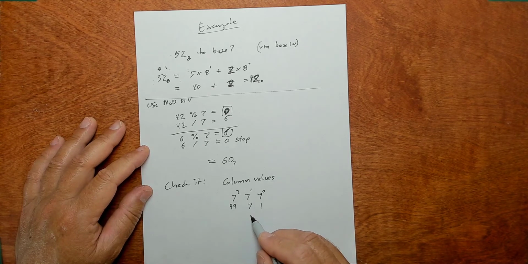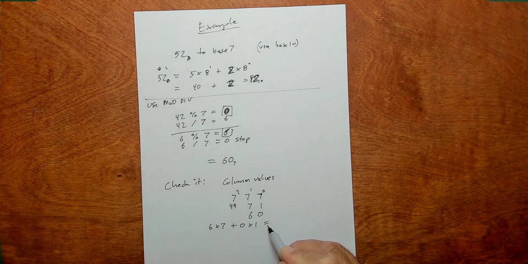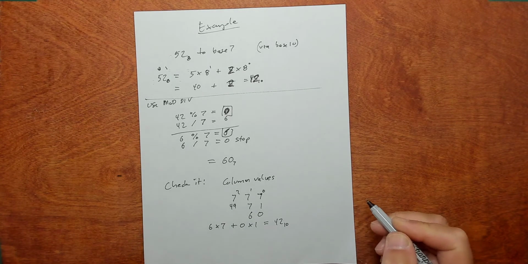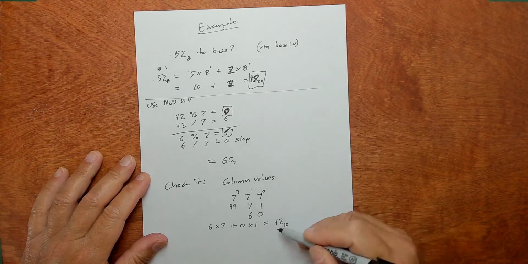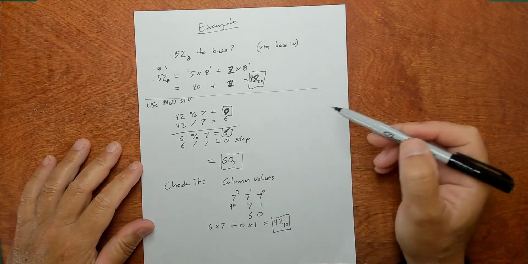So a 6 and a 0 means that we have 6 times 7 plus 0 times 1, which is 42 base 10. 42 base 10. This is the answer to this.